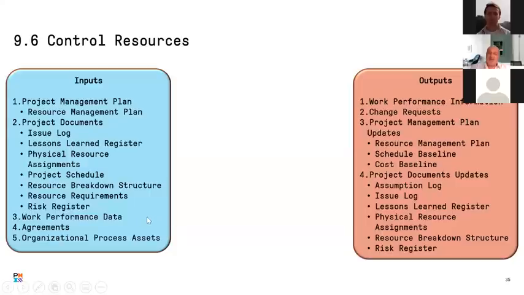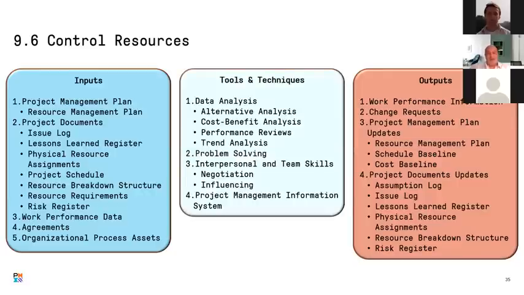So data is like the actual progress is 40% and the planned progress is 50%. This is the data. So what is the work performance information? That this project progress is 80%, which is the 40, the actual, divided by 50, which is the planned.